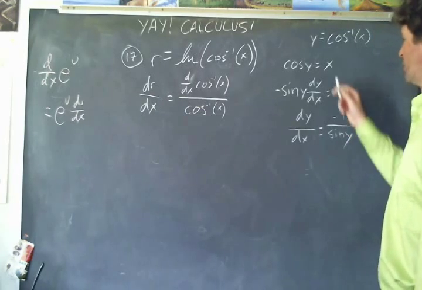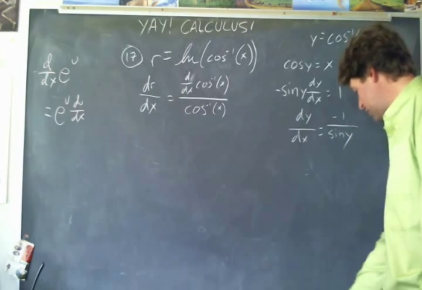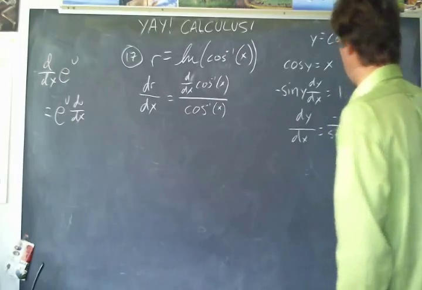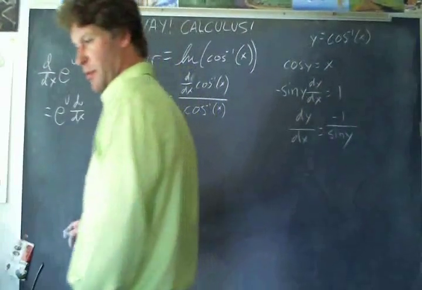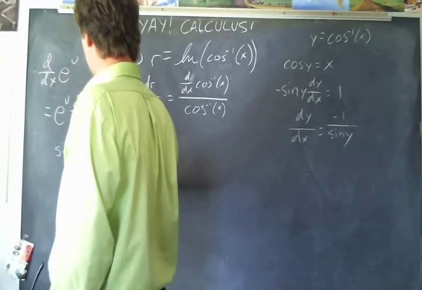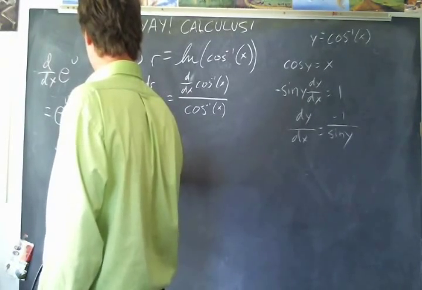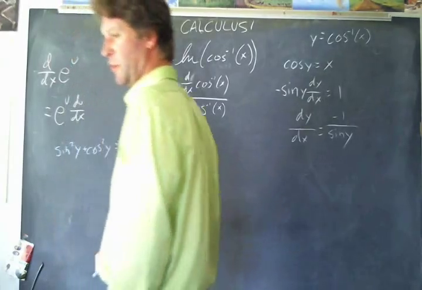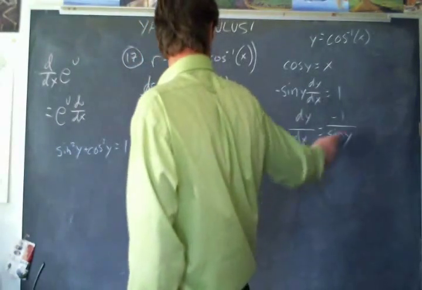Sine of y is not what we're looking for. We want this in terms of x. But we do know, a little sidebar, that sine squared of y plus cosine squared of y equals 1. And we want to solve for sine of y.